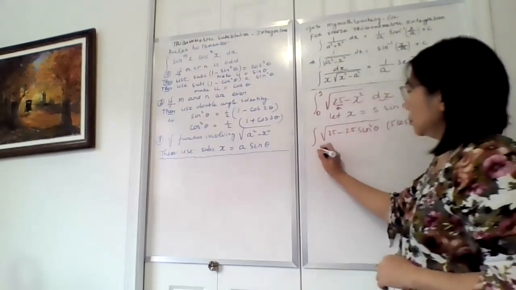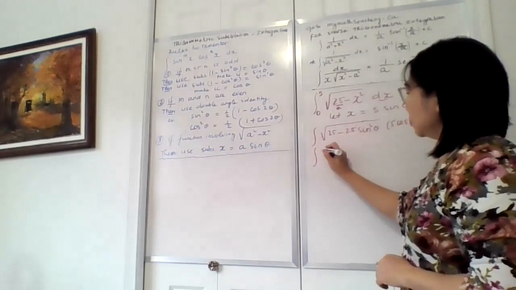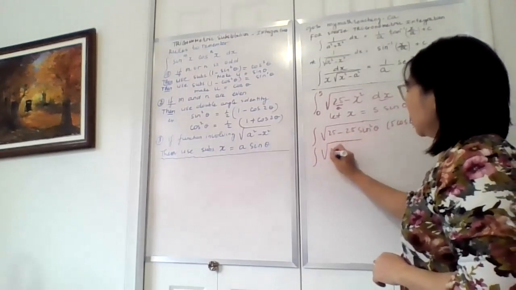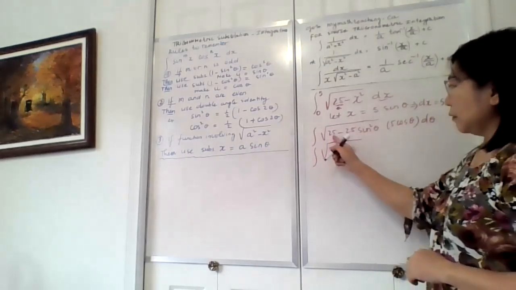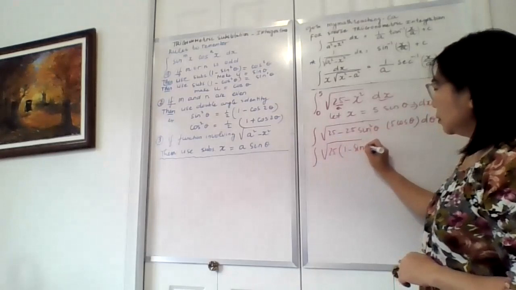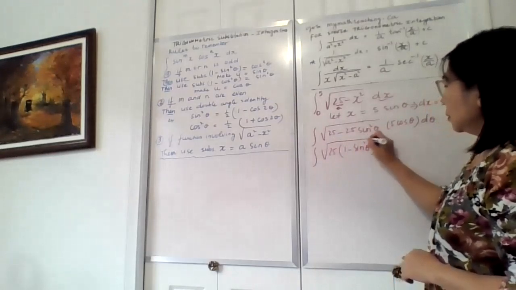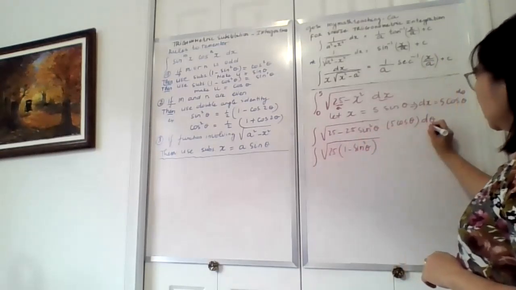So now, what do I do next? I'm going to factor out the 25 here. And I'm going to have 1 in here, for that number, minus sine squared theta. And I have a 5 here, cos theta, d theta.